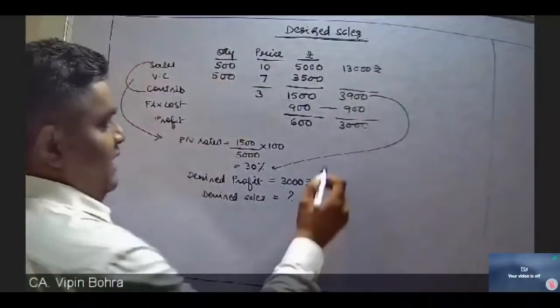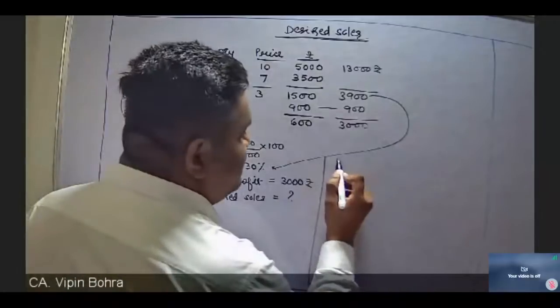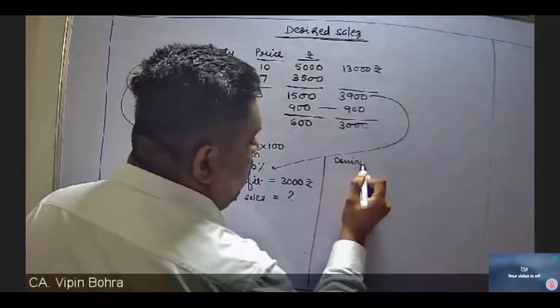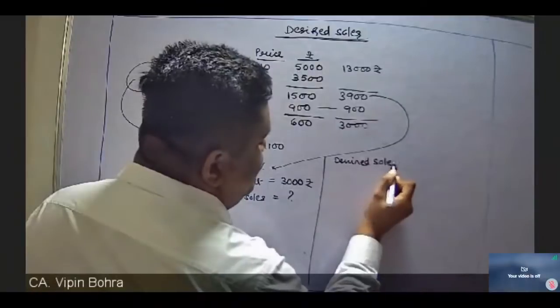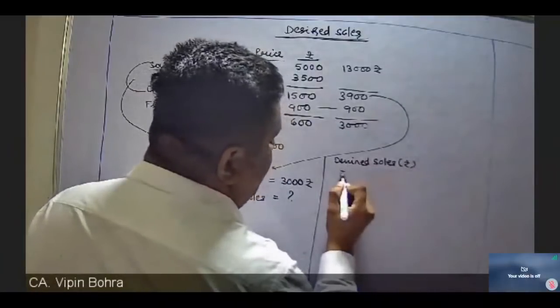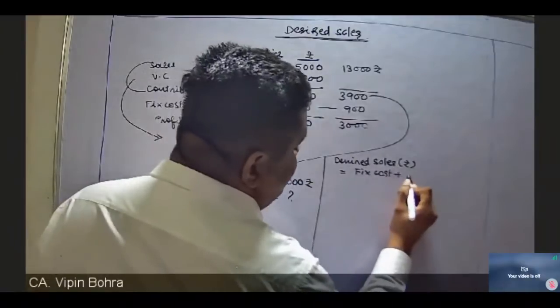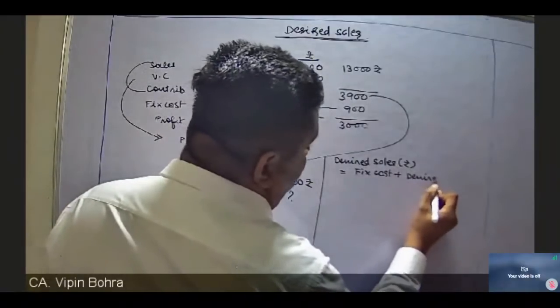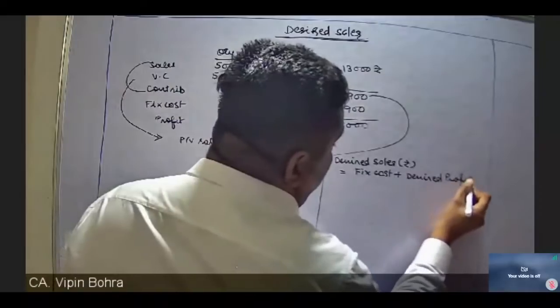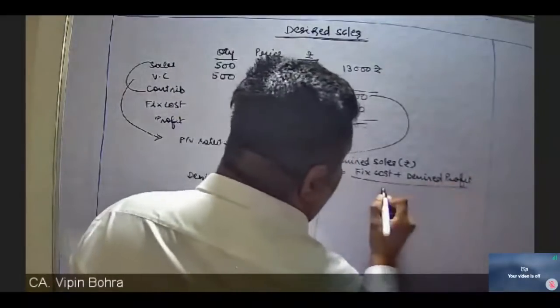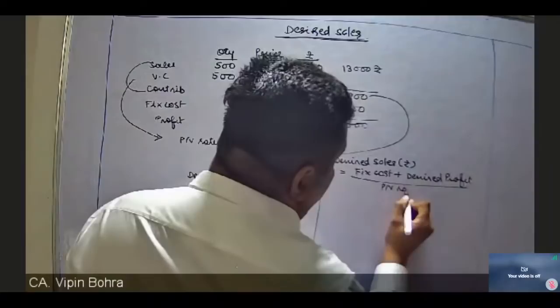So again, what I have done: desired sales in rupees, that is fixed cost plus desired profit divided by PV ratio.